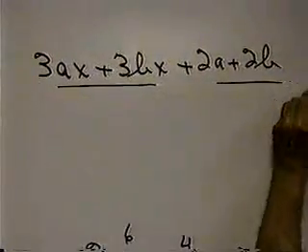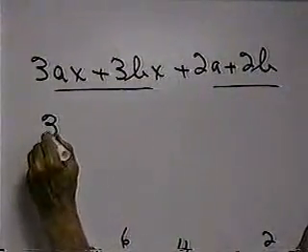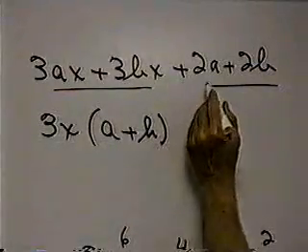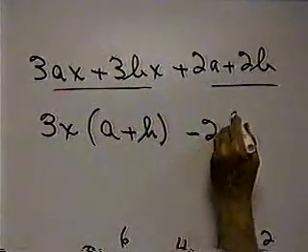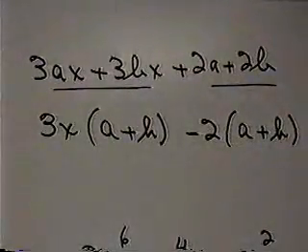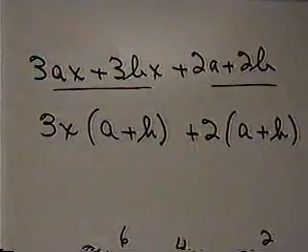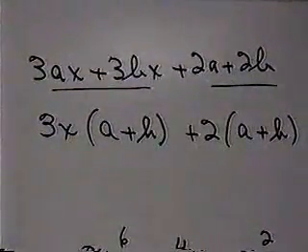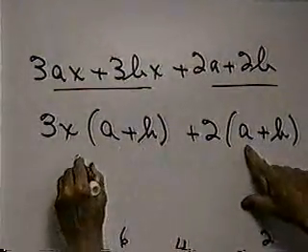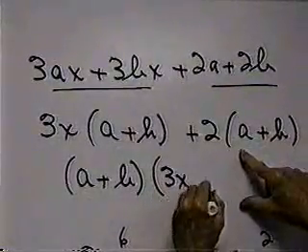You look for a common factor in the first two, which in this case would be 3x, and a common factor in the last two, which would be 2. That's a plus, okay, plus 2. And now we're back to example 3, which says this is a common factor. So I'll take that a plus b out, and that leaves me 3x plus 2.